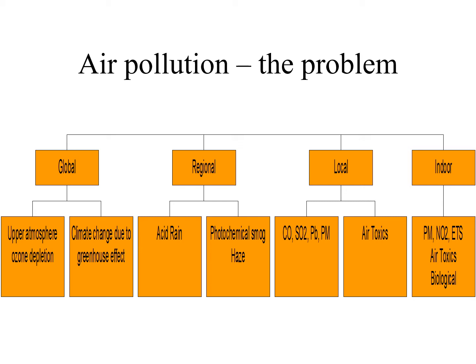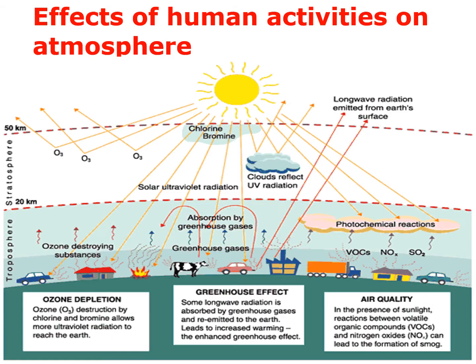Regional: acid rain and photochemical smog and haze. Local: SO2, lead and particulate matter, also air toxics. Indoor: particulate matter, nitrogen dioxide, air toxics and biological pollution.